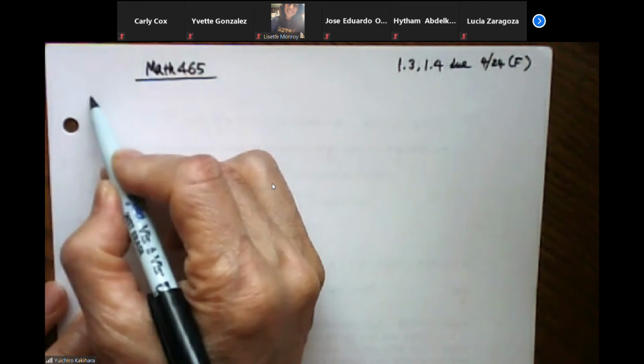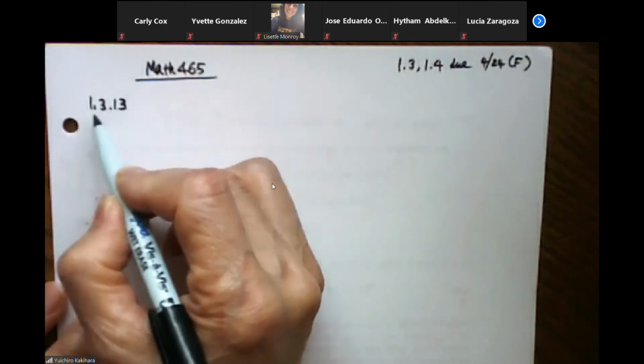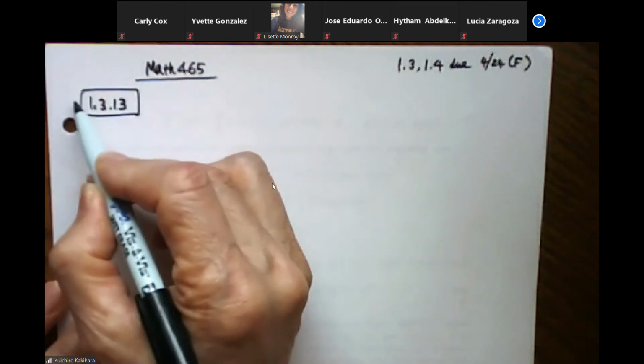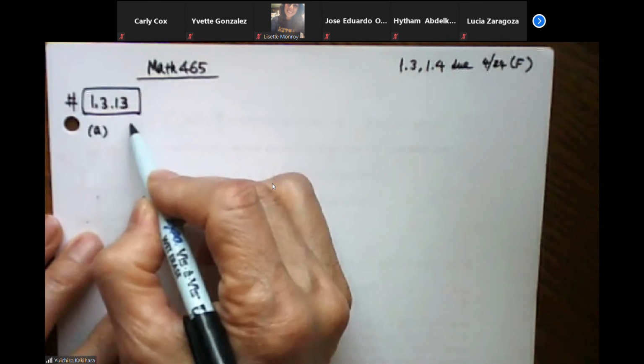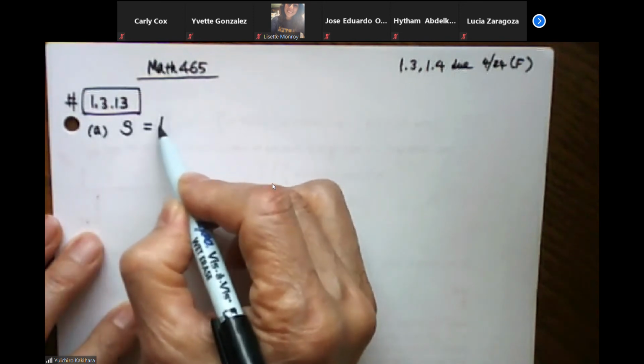This is 1.3, number 13. The first question is, what is the sample space?